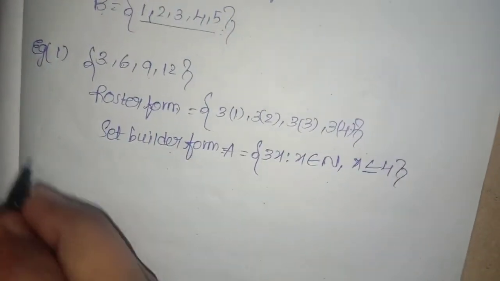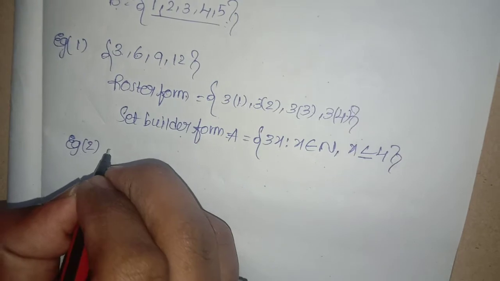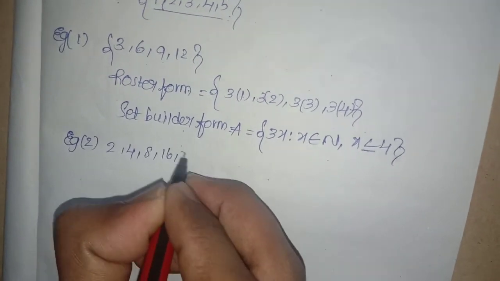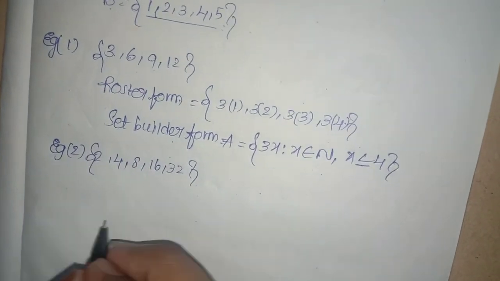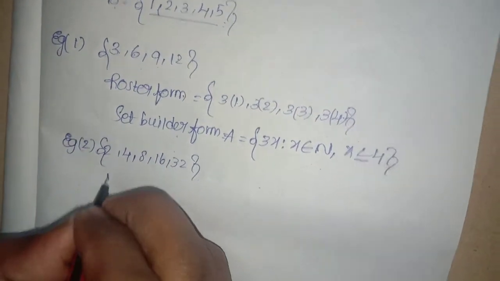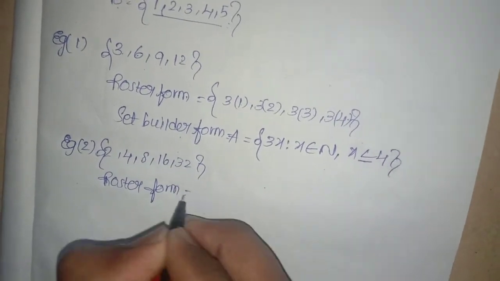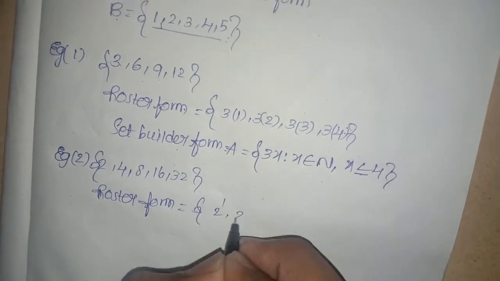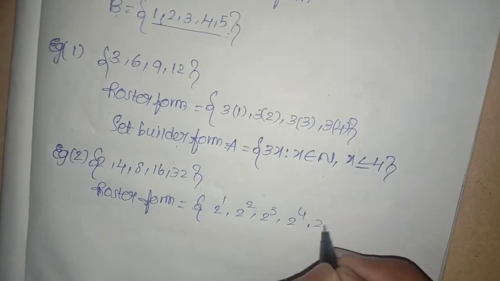Another example: 2, 4, 8, 16, 32. First, it is given in roster form. It is increasing like 2 power 1, 2 power 2, 2 power 3, 2 power 4 and 2 power 5.